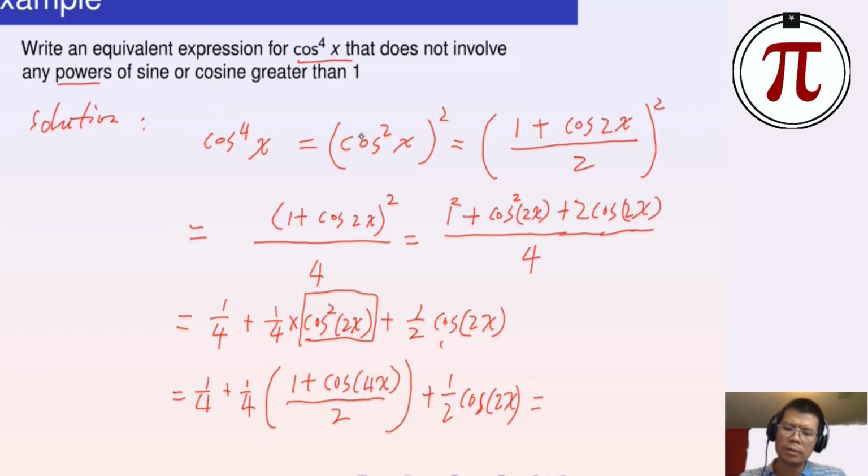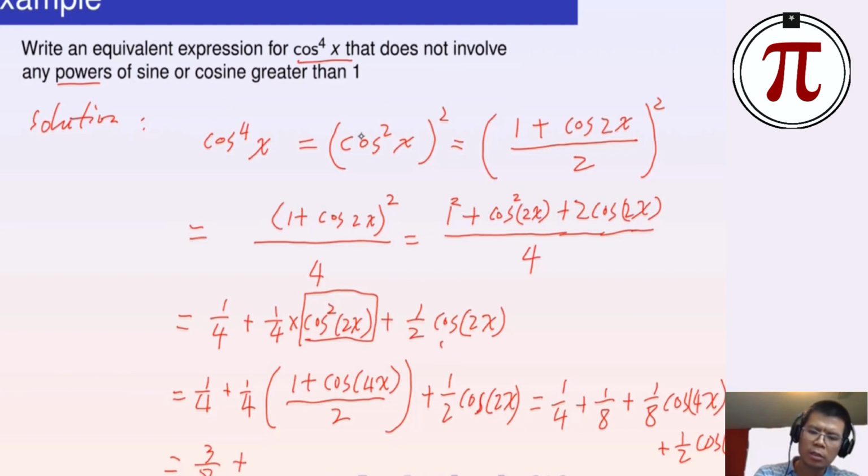Now which equals, all right, we can simplify this: 1 over 4 plus 1 over 8 plus 1 over 8 cosine 4x plus 1 over 2 cosine 2x. Okay, now which can be simplified as 3 over 8 plus 1 over 8 cosine of 4x plus 1/2 cosine of 2x.